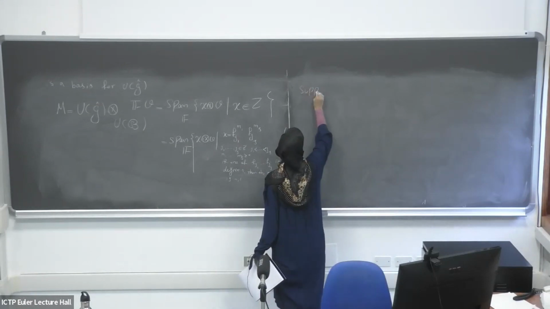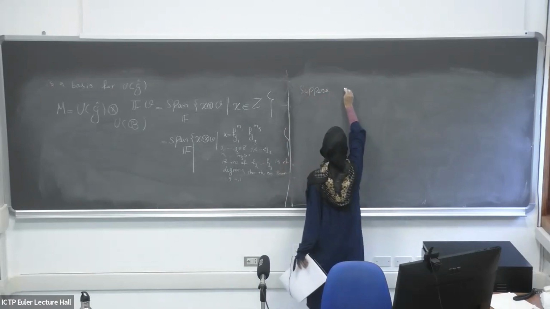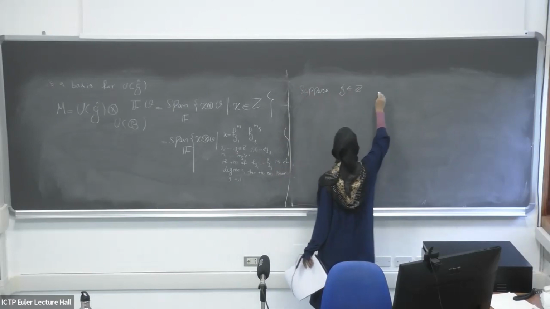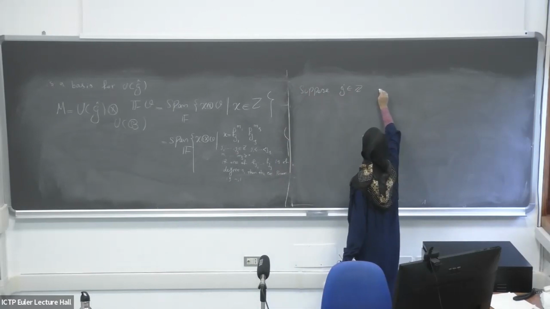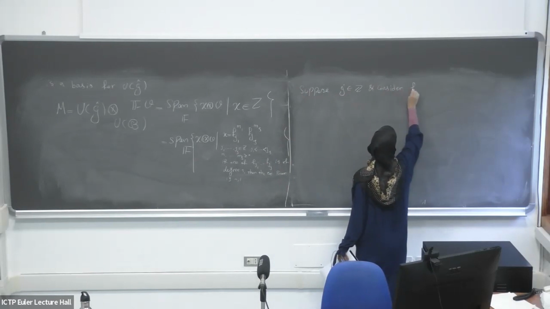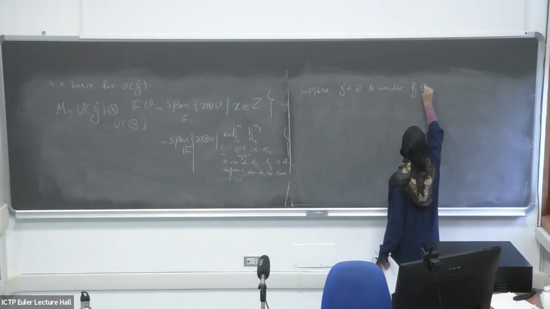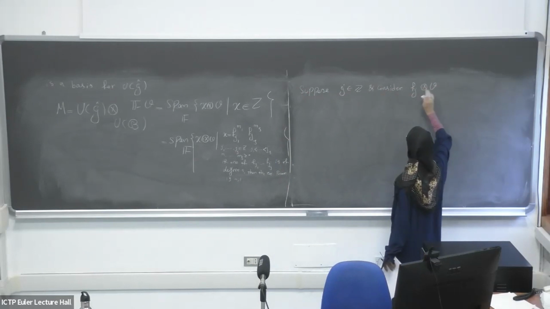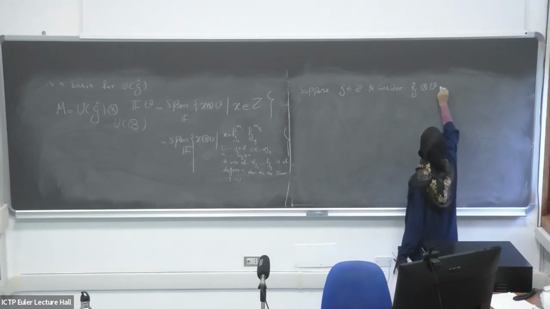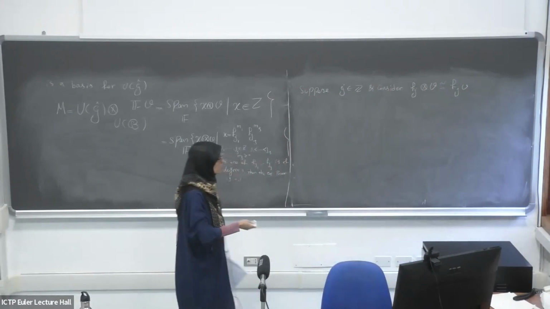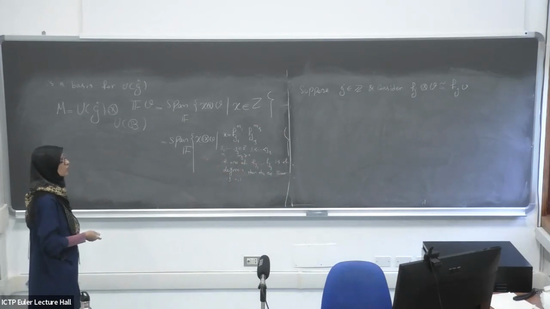Suppose I or J is an element of Z, and consider Fj V. For simplicity, I write it just Fjv. I identify this with this, okay? Just to simplify the notation.